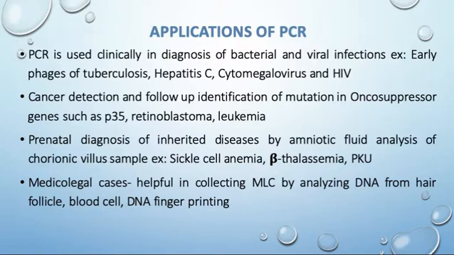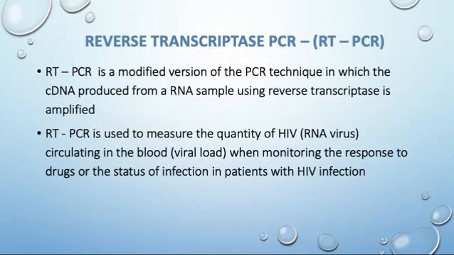So we spoke about the variants of PCR, right? You also have to know what we call reverse transcriptase PCR, or RT-PCR. RT-PCR is a modified version of the PCR technique in which the cDNA produced from an RNA sample using reverse transcriptase is amplified.